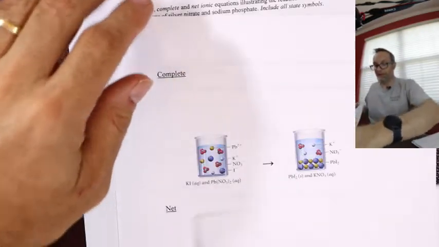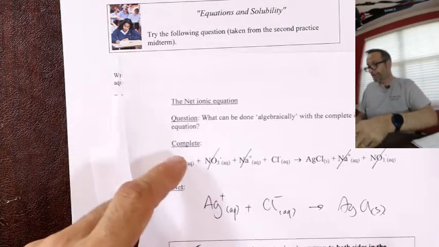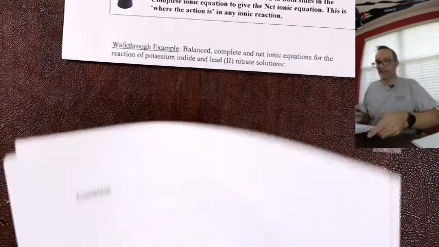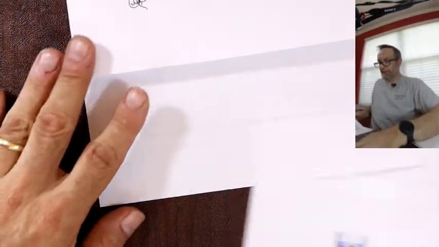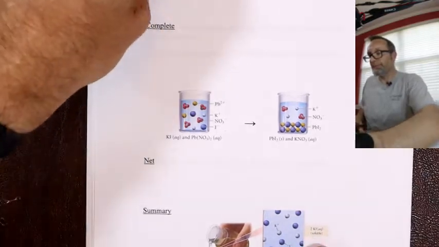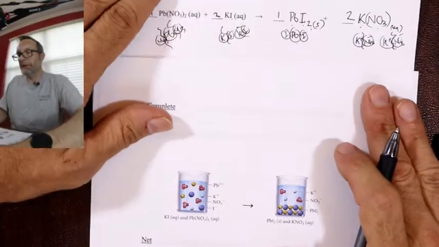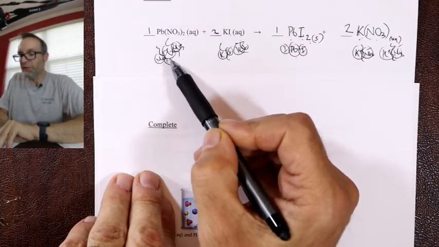So a nice way to think about that, maybe I'll do some more origami. So the complete, when I look at it, I'm going to have 1 Pb2+ and 2 nitrates.